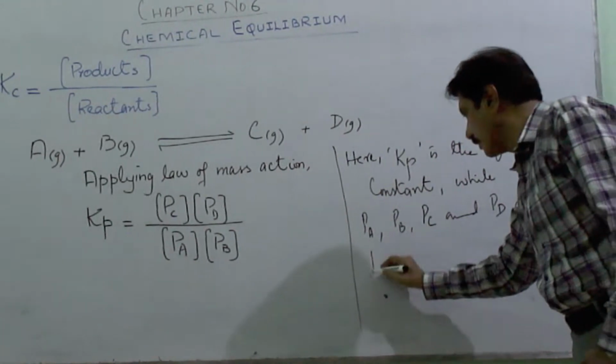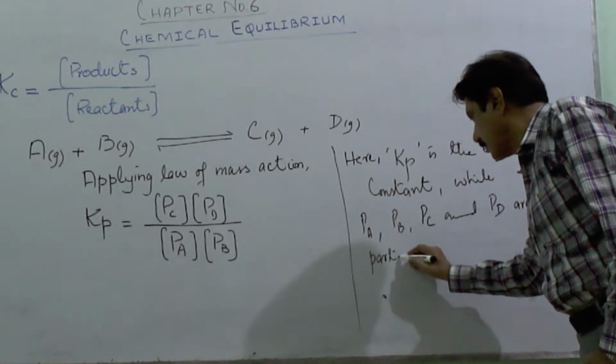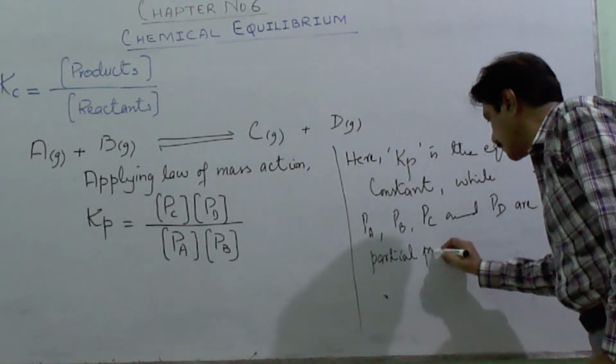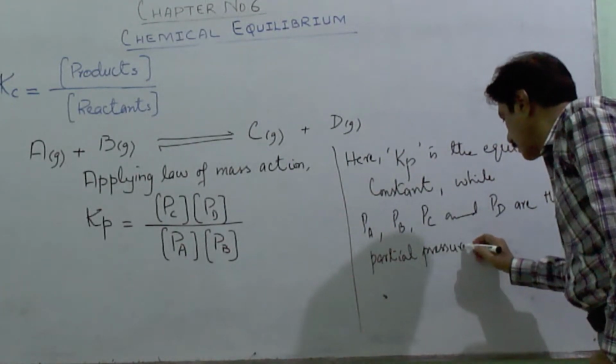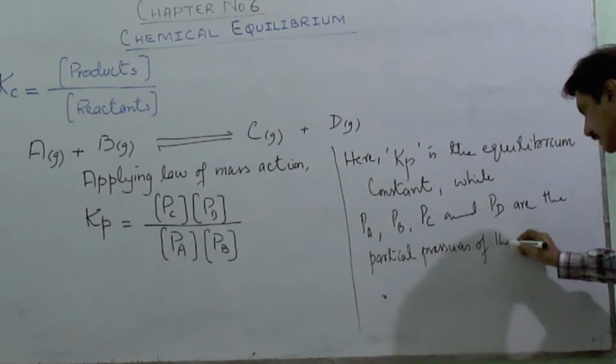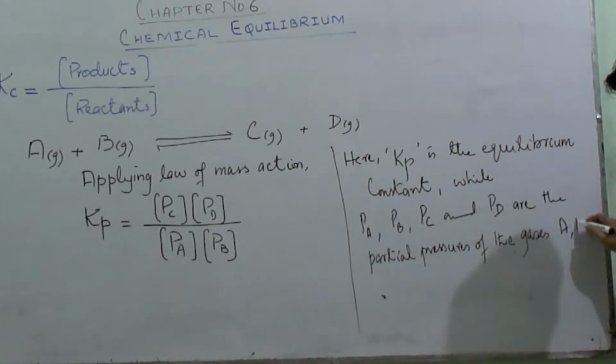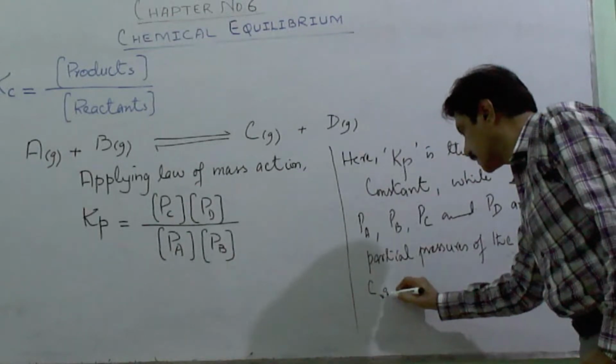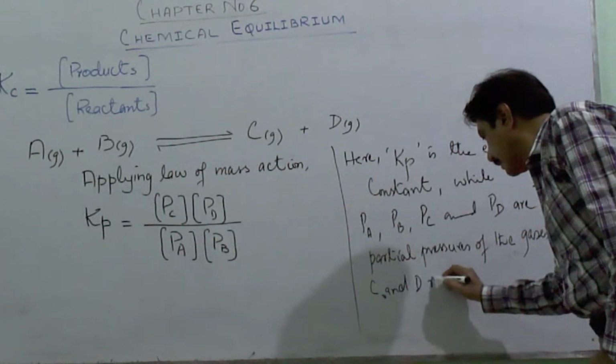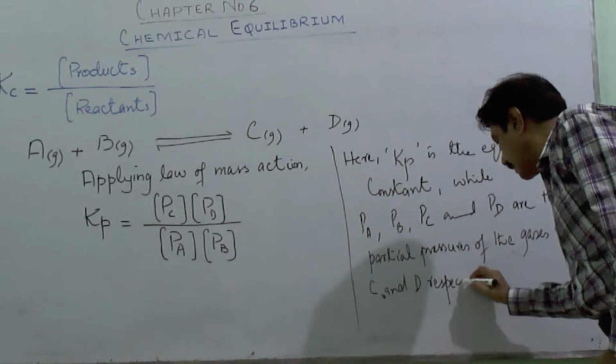are the partial pressures of the gases A, B, C and D respectively.